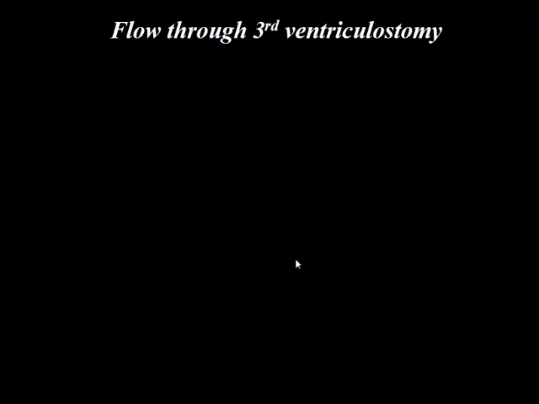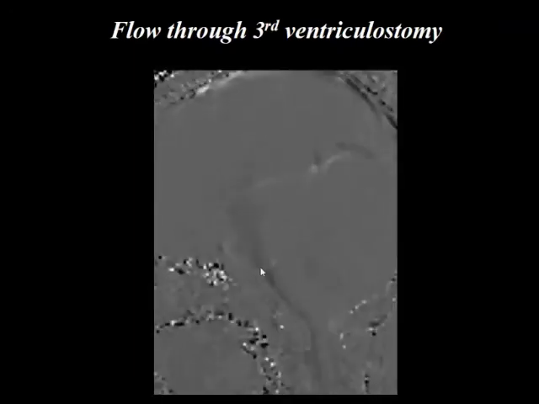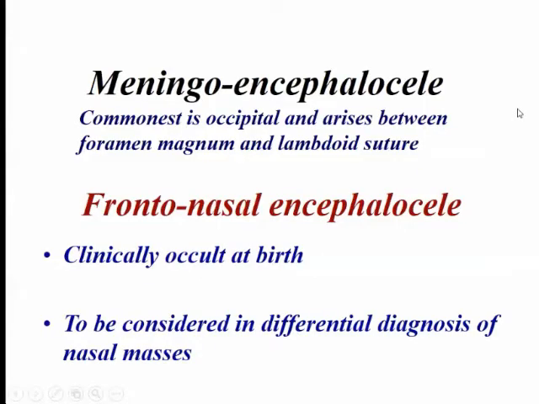So let's play it again. You see this black structure. This is the pons. This is the basilar artery. Anterior to that is where you see the flow. So you see the flow. This is a child with aqueductal stenosis, third ventriculostomy done, and you can see the flow across the third ventriculostomy.